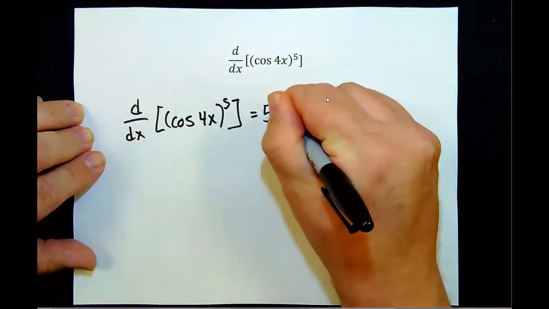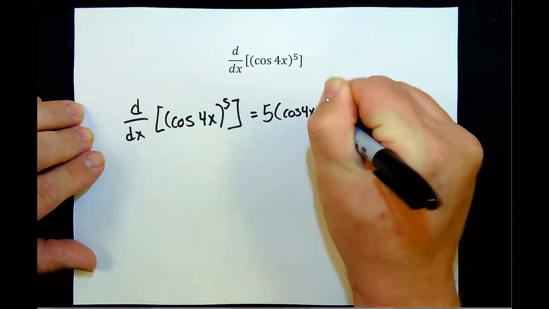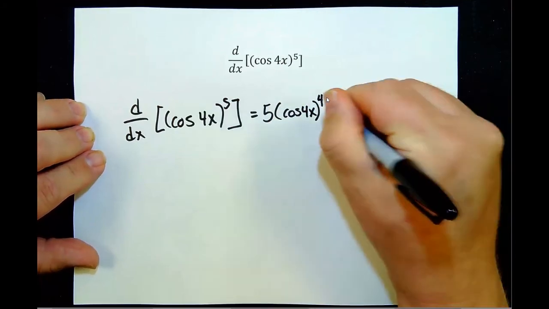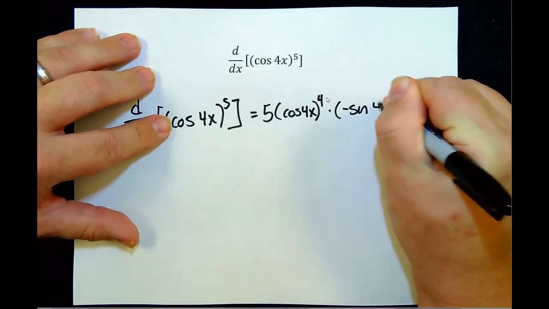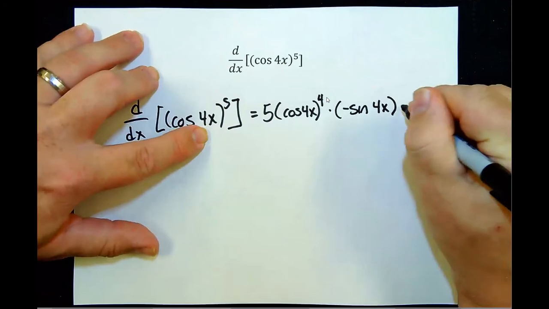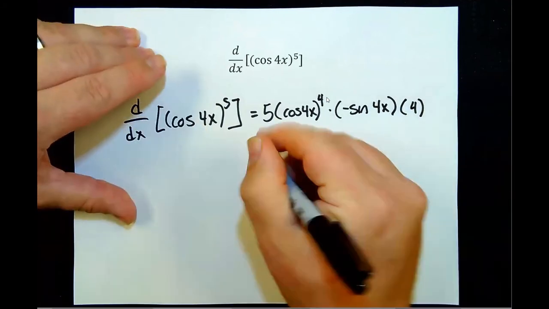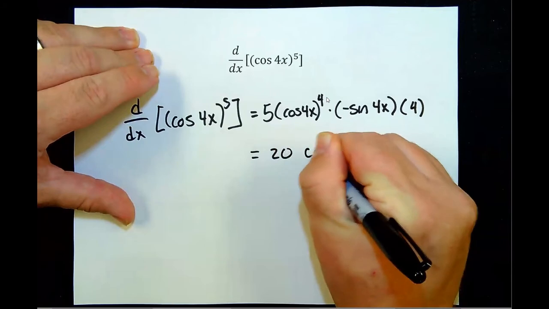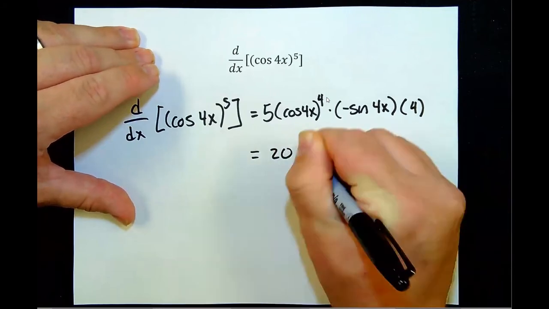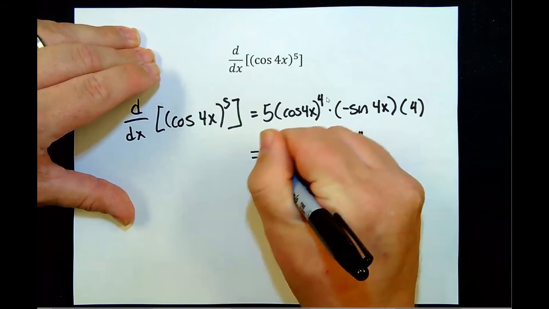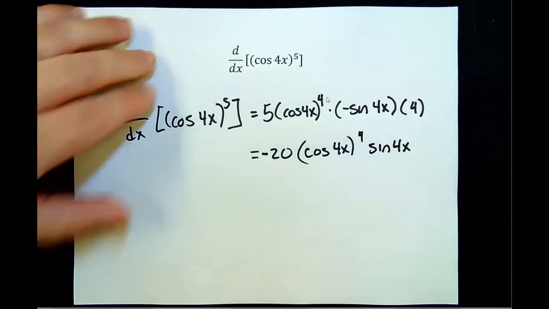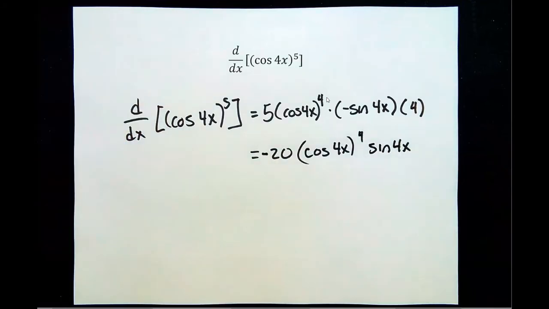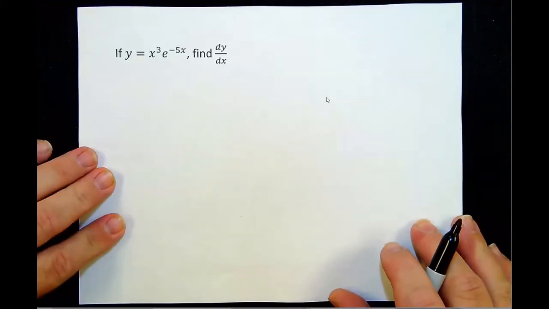I've got to take the derivative of the outside function, and I'm going to work my way in, times the derivative of the inside function, times the derivative of the innermost function, with a negative out front. All right, pause the video, give this one a shot.